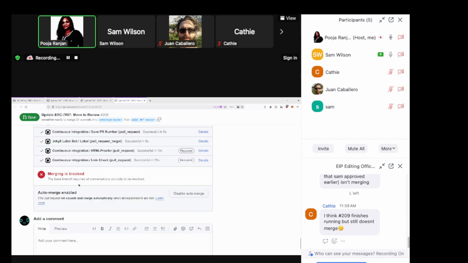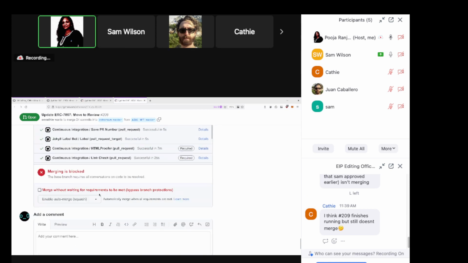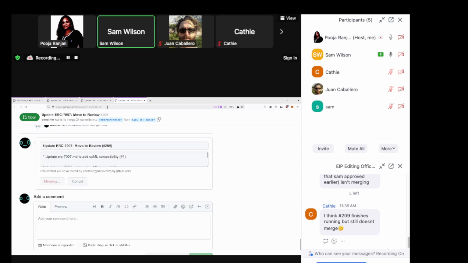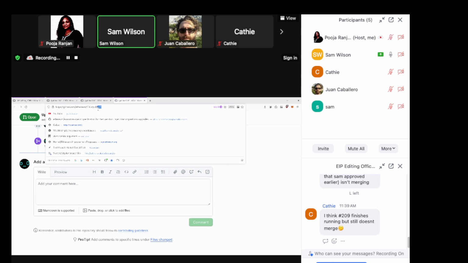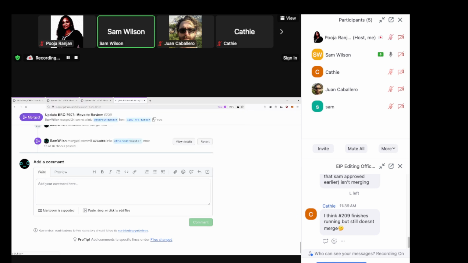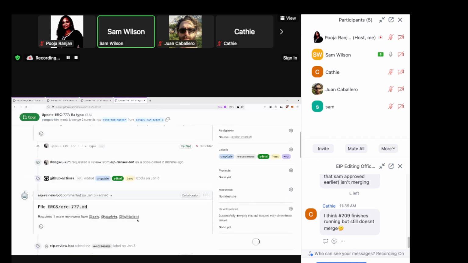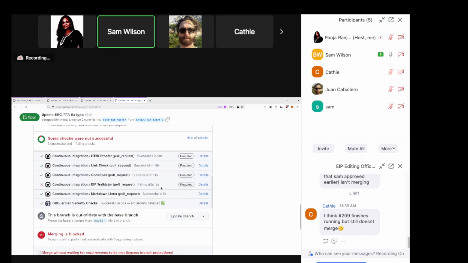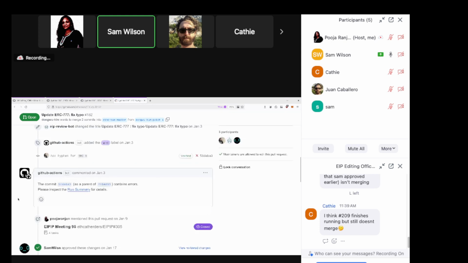I think there is another proposal which is 182. If we can maybe take a look at that. That is also all approved. 182. Okay, so that's failing because of EIP validator.